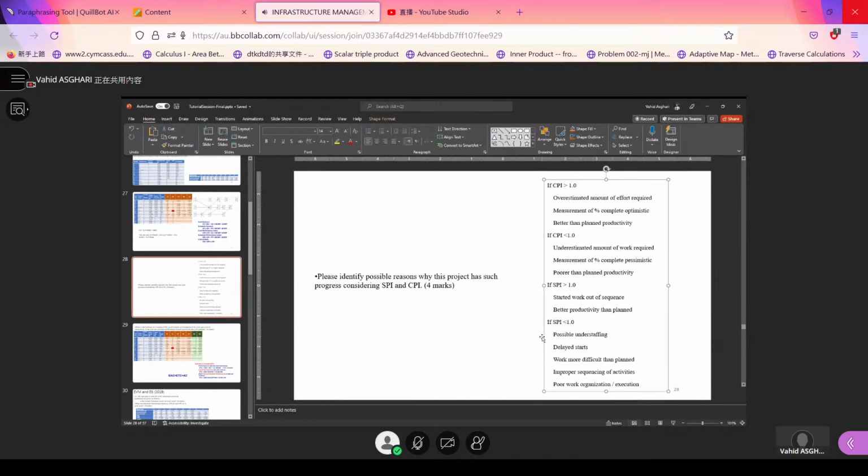What does it mean when CPI is over 1? What does it mean when CPI is less than 1? What does it mean if SPI is greater than 1 or smaller than 1? Please read and understand them, and do not unnecessarily write, just write and highlight the ideas, nothing more.